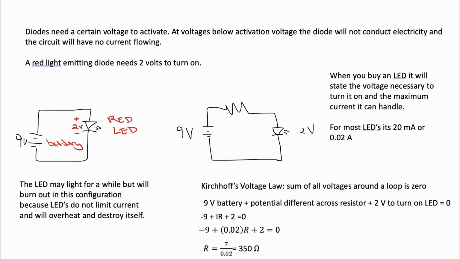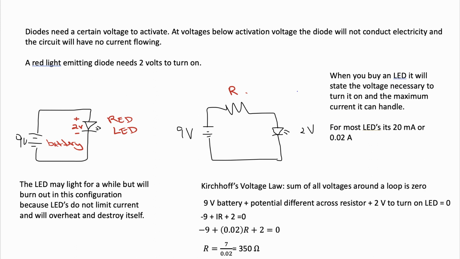And so what you need to do usually for an LED circuit is put in series, one after the other, a resistor. Remember, resistors limit the current in a circuit with your LED. And that way you won't burn up your LED. So right here I've said when you buy an LED, it will state the necessary voltages to turn it on, like 2 volts here for the red LED, and the maximum current that it can handle.